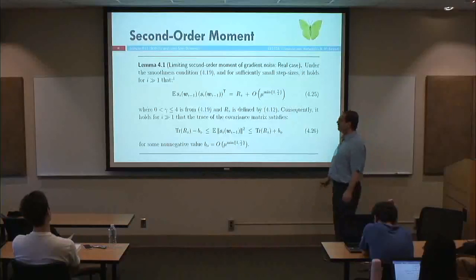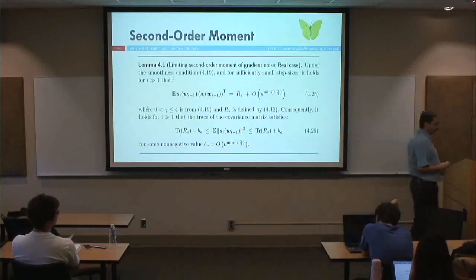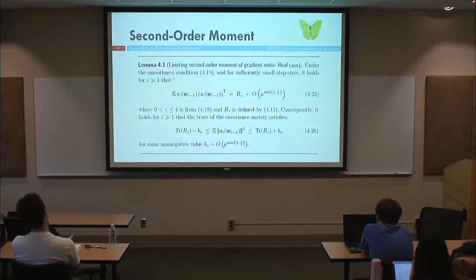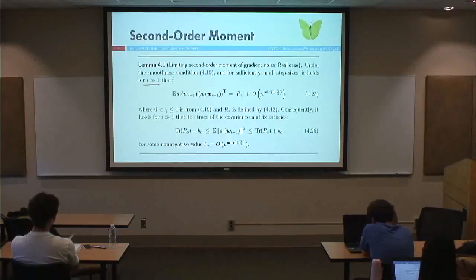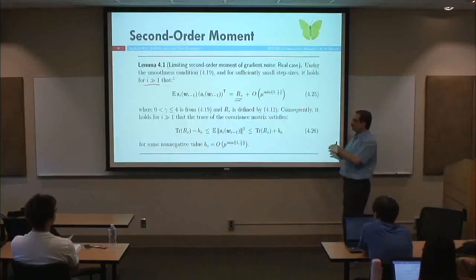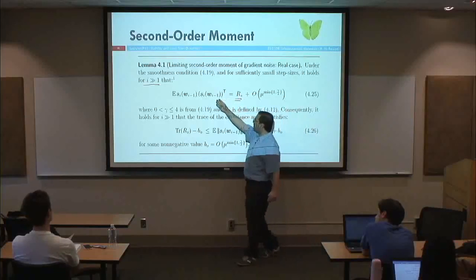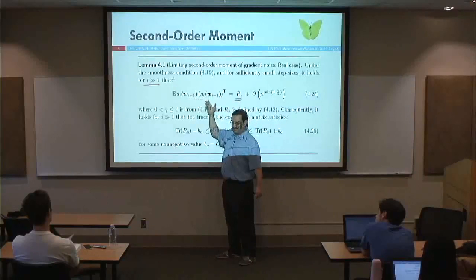This result is saying that this covariance matrix here, for sufficiently large i, in steady state, okay, remember what was the definition of Rs? It was the covariance at omega 0 in steady state, right?